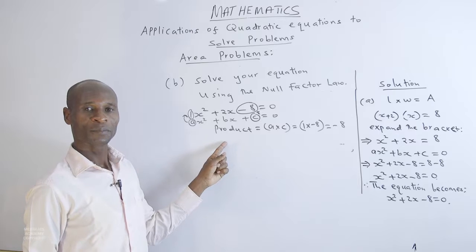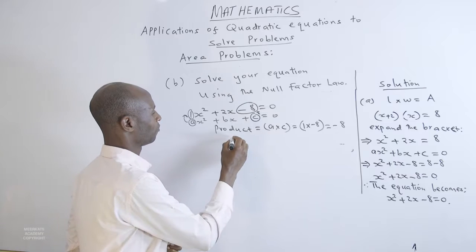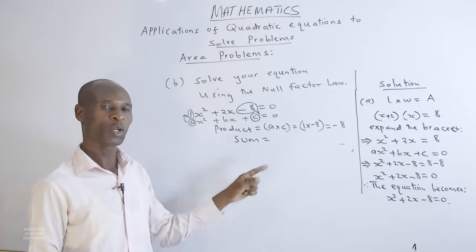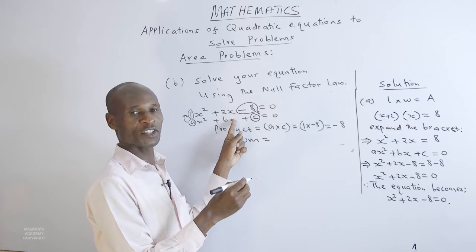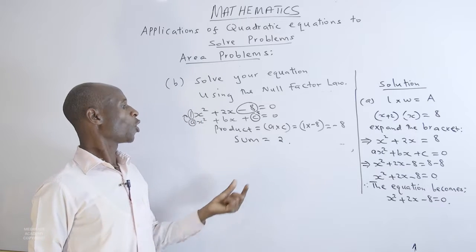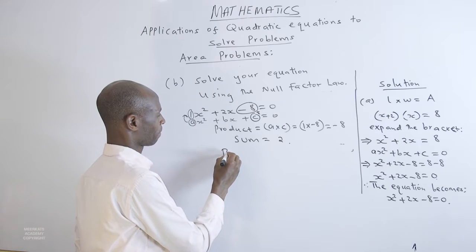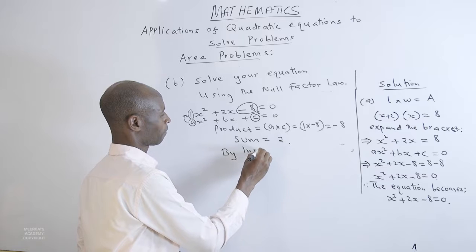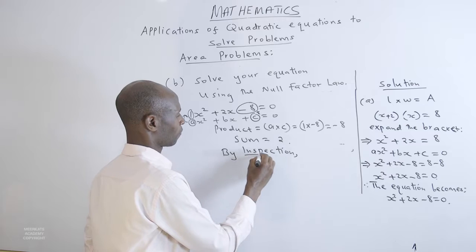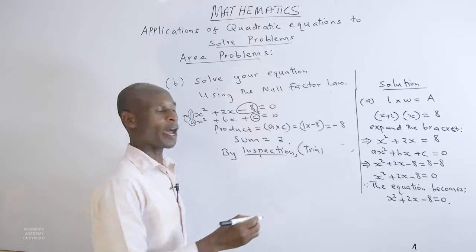At this point, we are also supposed to find the sum. The sum of the 2 numbers must be equal to the coefficient of x, which is 2. So we look for those numbers by inspection, also called trial and error.